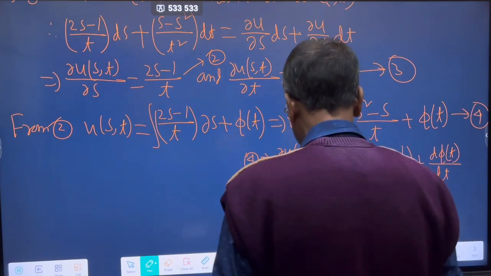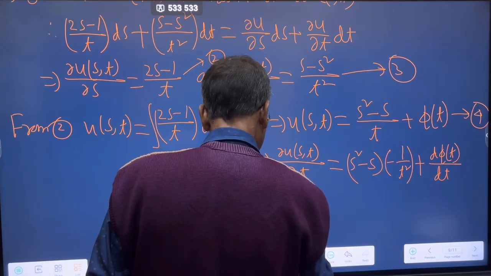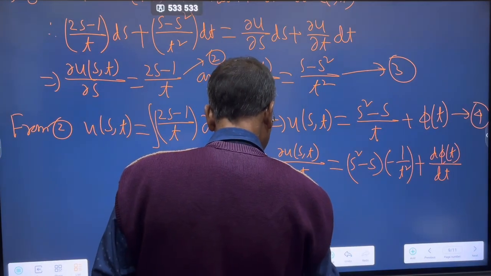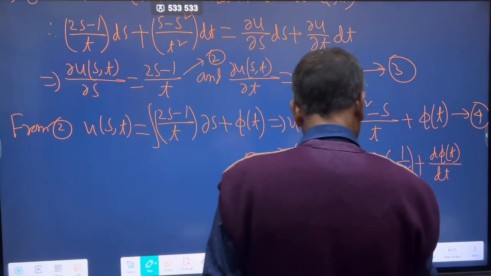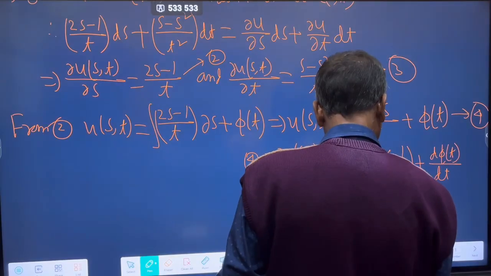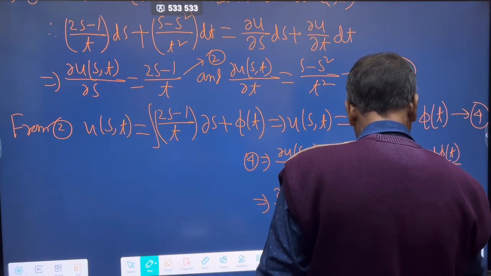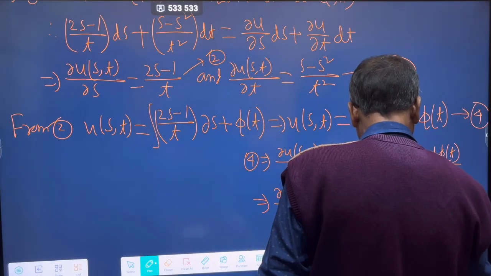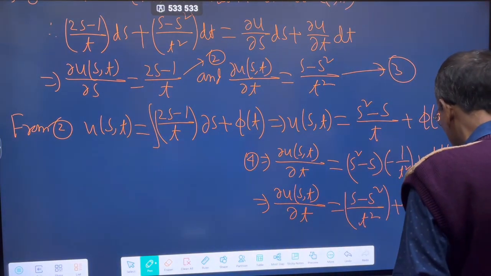Or del u by del t is equal to s minus s square by t square plus d phi by dt. This is number 5.